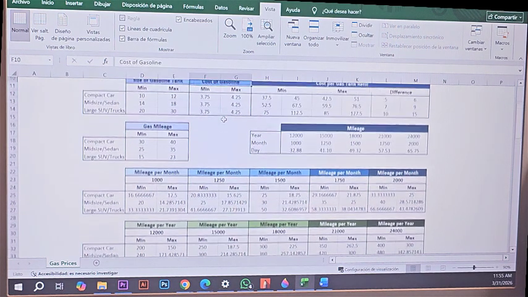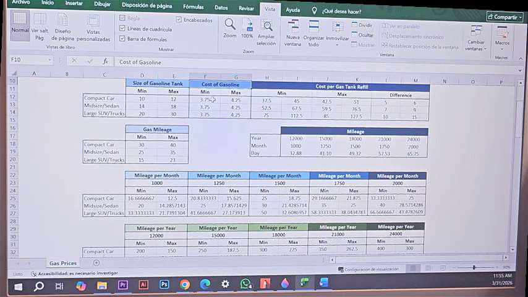And we multiply that by the difference between going to the more affordable gas station versus the more expensive gas station. And that gives us our savings per month per mileage.